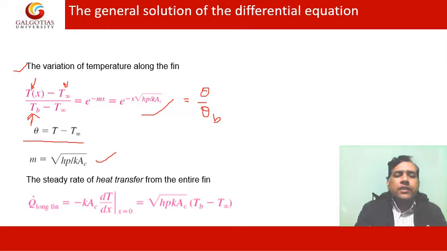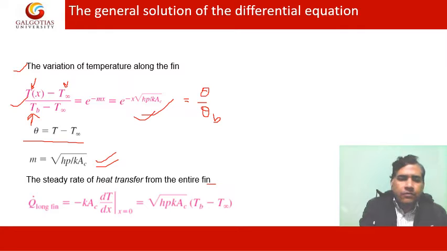This equation that we have obtained is for the temperature distribution. This is the temperature distribution that we have found. The next step is to find the heat transfer rate from the entire fin.